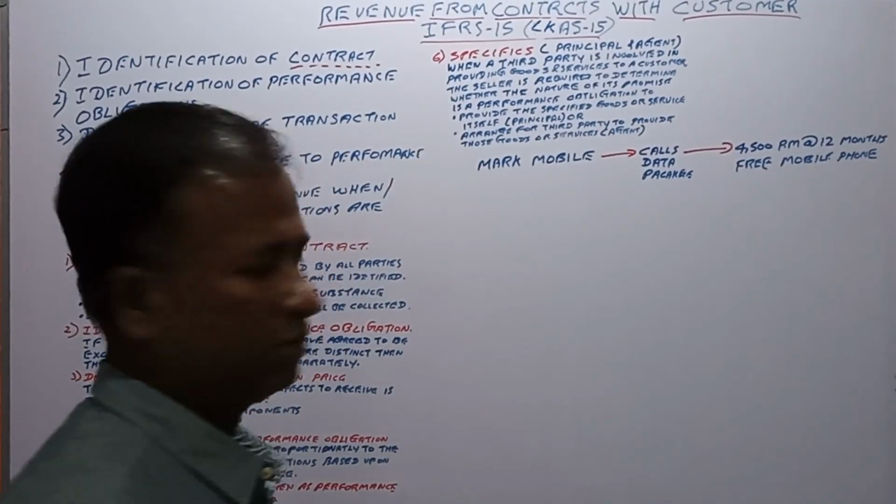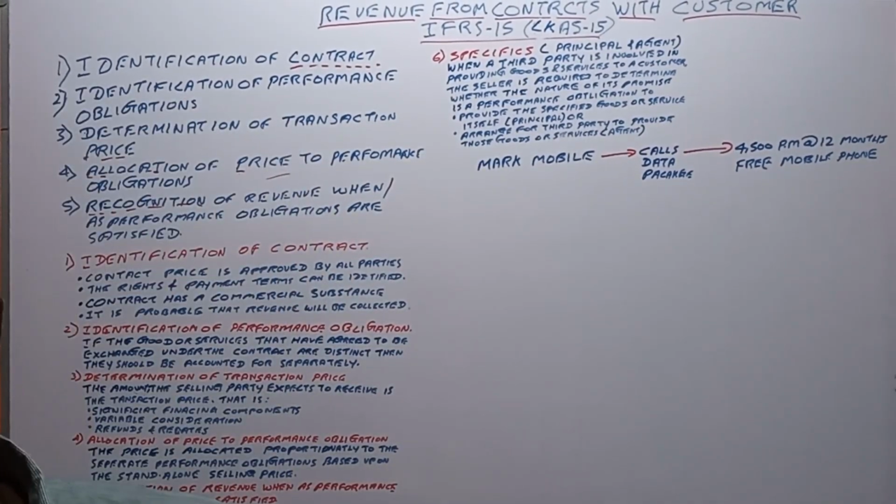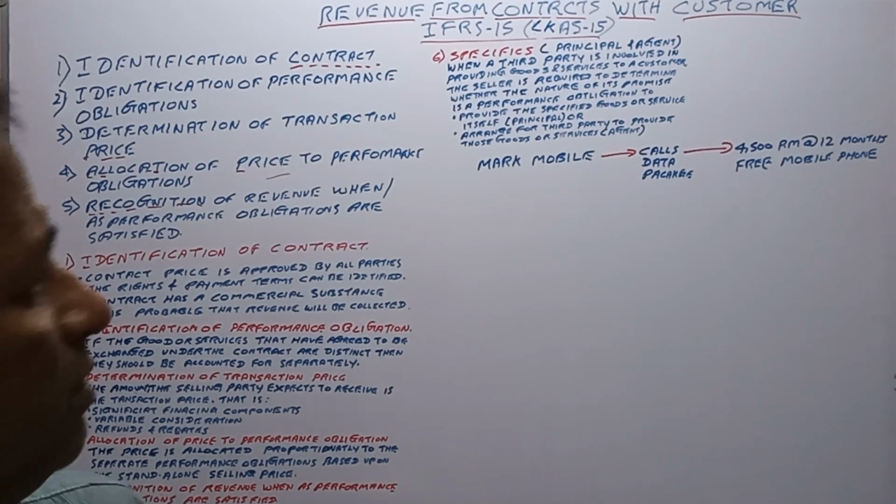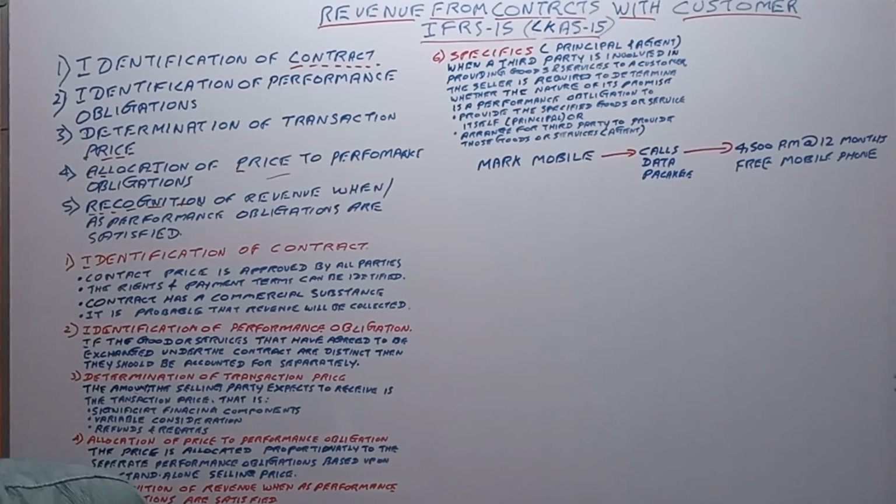Explain how the revenue should be recognized in Mark Mobile's financial statement. Note: Vodafone sells mobile phones without a monthly contract, selling the handset for 4,800.